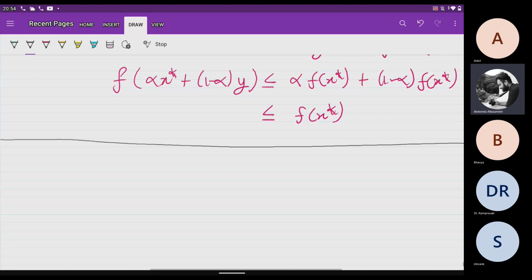Another good proof can be, so it's basically a statement. The statement says that if f is convex, then its gradients are non-decreasing.